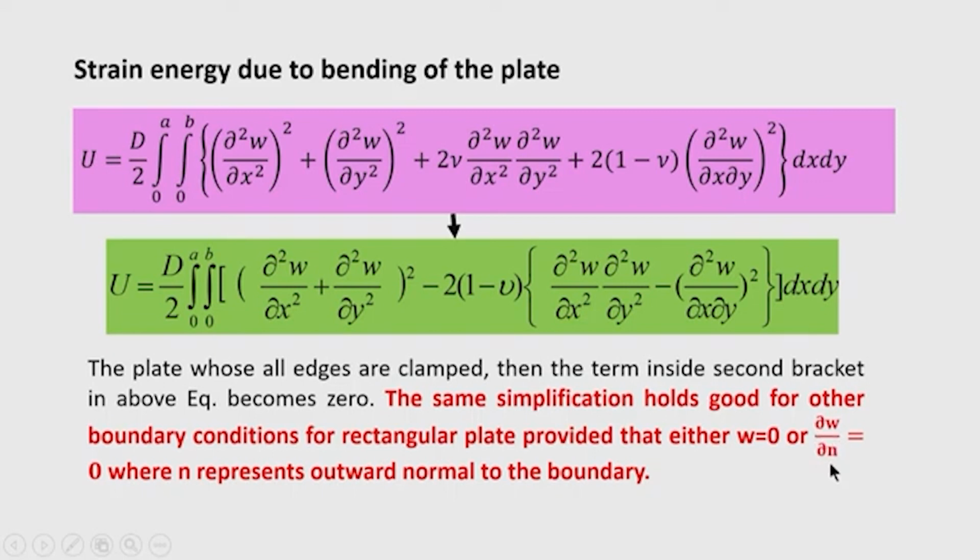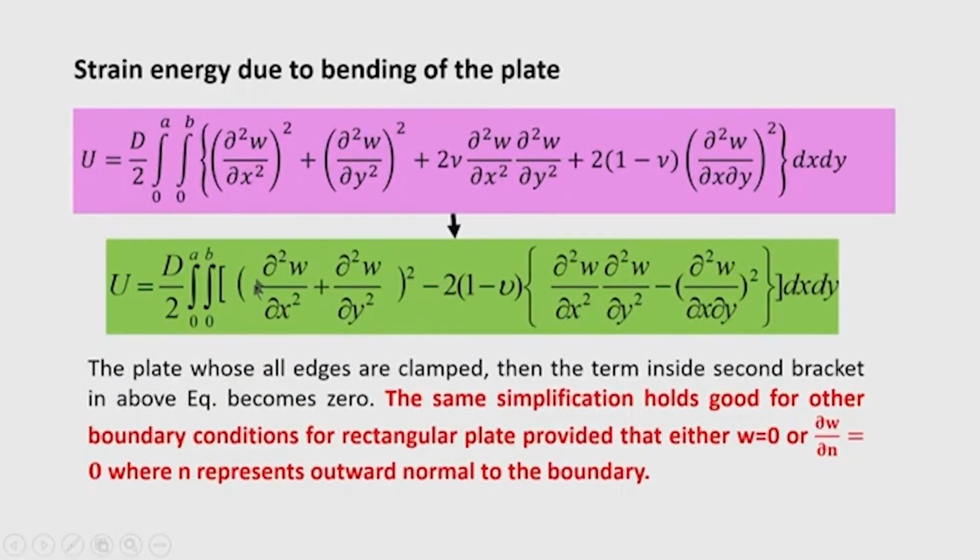So, that quantity indicates this strain energy expression, where it is applied to a circular plate, because the circular plate boundary is curved. So, when we compute the slope for a curved edge, we have to take the normal direction, and then del w by del n will represent the slope in the direction normal to the boundary.